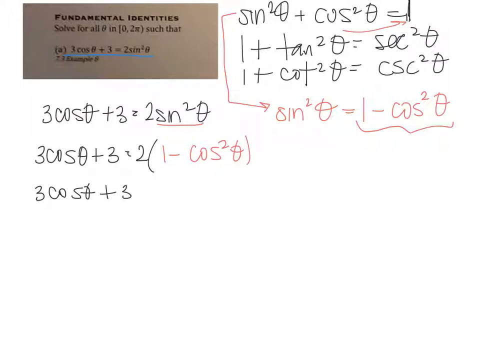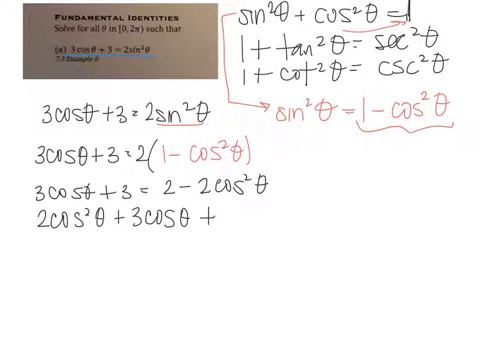What I'm going to get when I'm done is another quadratic form. And I'm not going to do substitution, I'm just going to go right in and factor. So I'm going to add that 2 cosine squared theta to the other side. I have that 3 cosine theta. I'm going to subtract 2 and set that equal to 0.